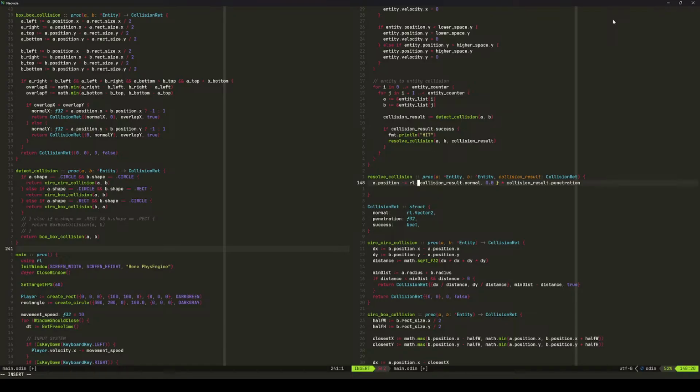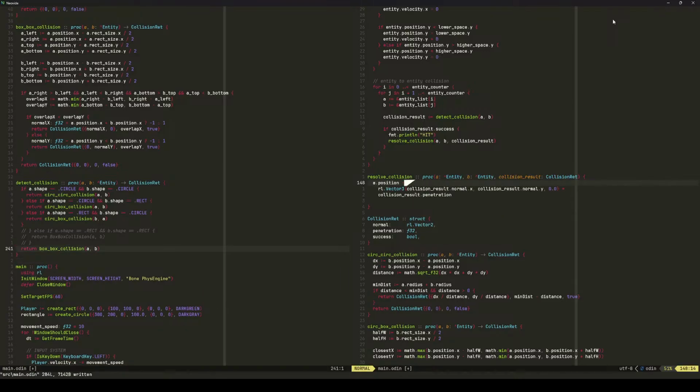RL, vector shift. Oh my god, bro. Please. You should be able to do this. Okay.